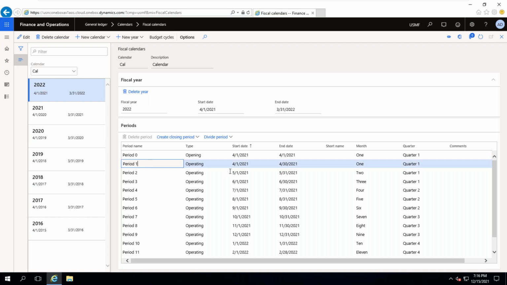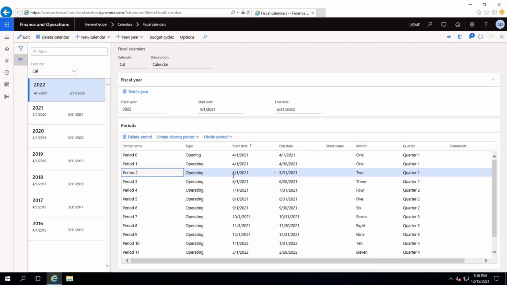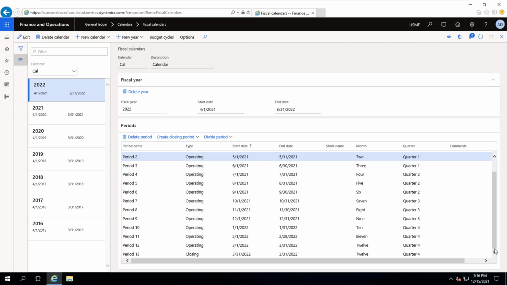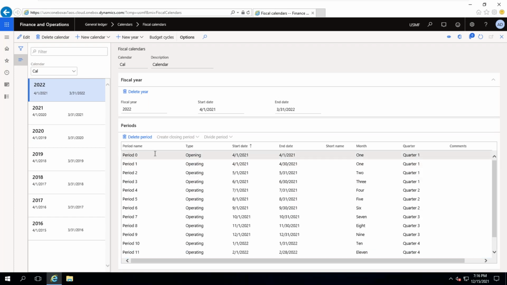Period 1 is April 1st to April 30th. Period 2 is May 1st to May 31st. Like this, 12 periods are there. Period 12 is March 1st to March 31st. But period 13 is extra. Period 0 is extra. Period 0 is opening. Period 13 is closing.